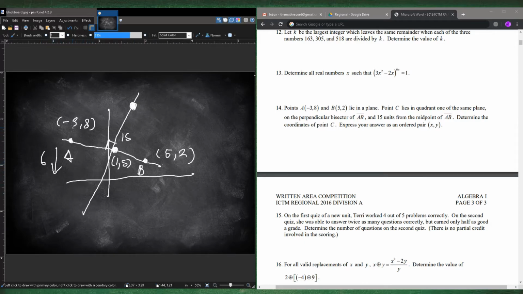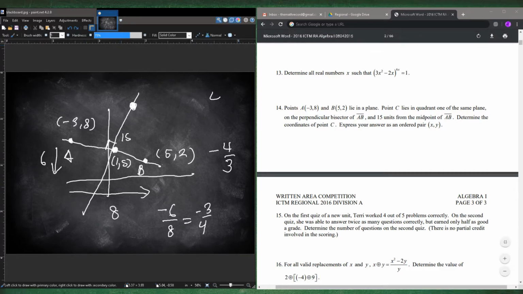And to get from x coordinate negative 3 to x coordinate 5, you have to go 8 on this side, right? So that means our slope is negative 6 over 8, which is negative 3/4, right? A perpendicular line inverses and negates that slope. So the inverse of this is negative 4 over 3, and the negative of that is 4/3. So the slope of this line is 4/3.